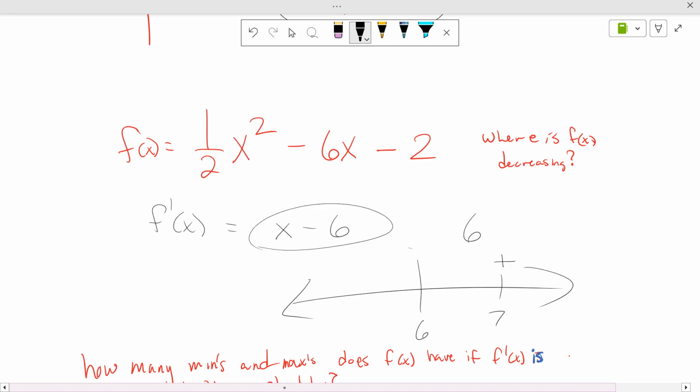If it's positive slope here, it is increasing. If we test a 5 in here, or even a 0, whatever, that makes this negative, it would be decreasing slope. So it would be from negative infinity to 6. Okay. What would 6 be? A min or a max?